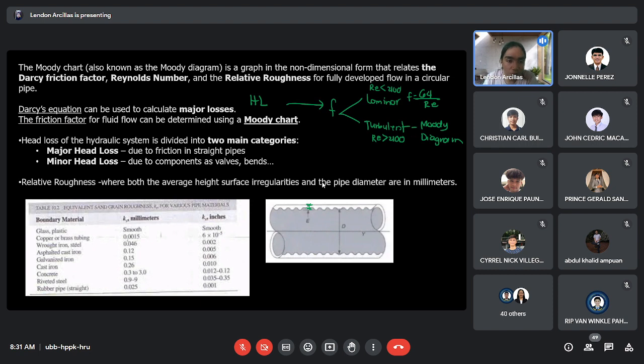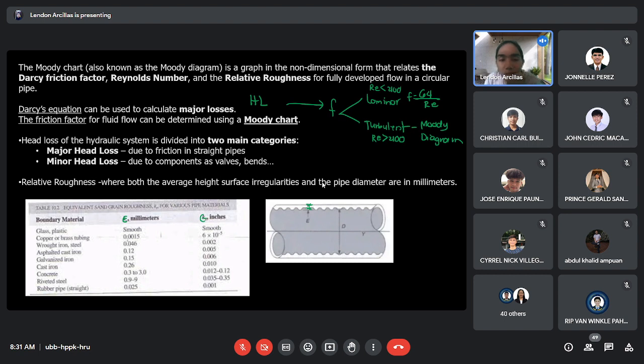So, meron tayong mga values ng relative roughness. Usually naka-epsilon to, in millimeters or inches, depende sa type of material. So, ang gagawin mo lang is you need to get the value of the material in terms of the relative roughness. Ibibigay yan sa problem, yung mga table na ganito.